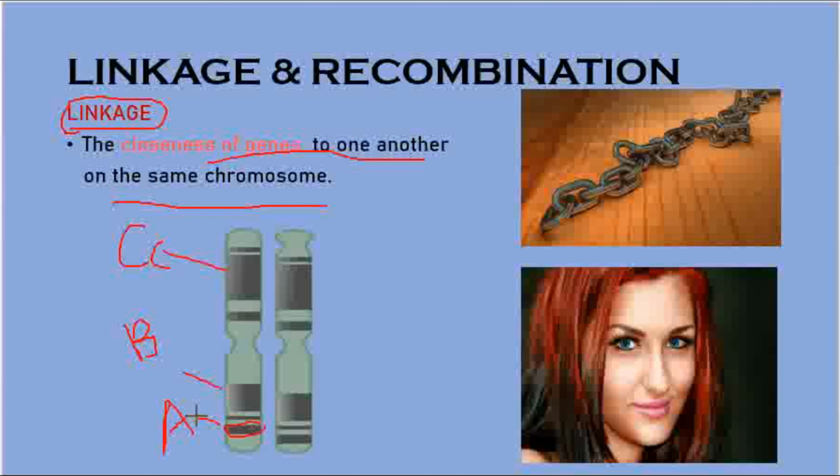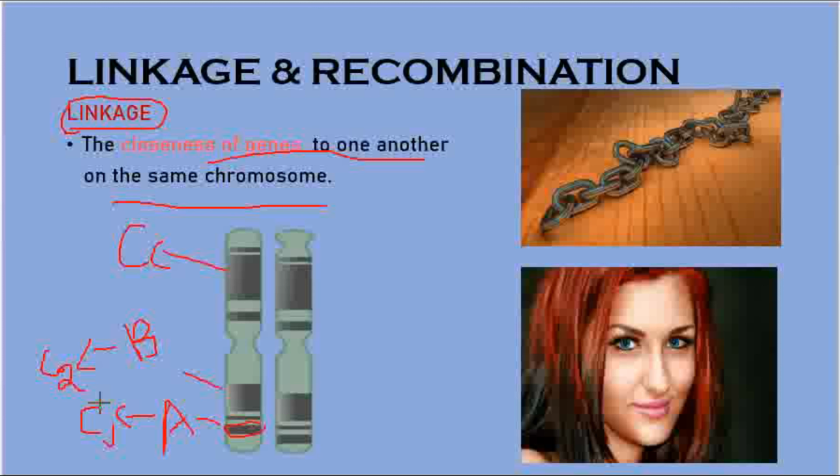This A gene will be responsible for one character, say character 1, and the B gene will be responsible for another character, say character 2. So the A and B characters will also be inherited together. That's why we call it linkage between these two genes.